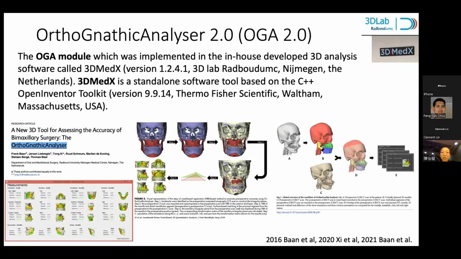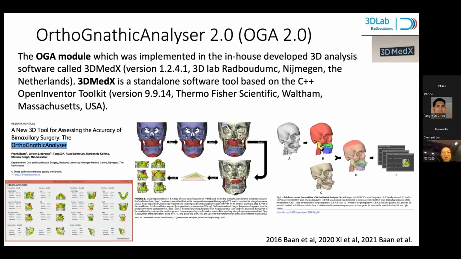It is a module which is implemented in 3D software called 3D Medics, and it is developed by the 3D Lab Radboud UMC in the Netherlands. 3D Medics is a standalone software tool based on the C++ Toolkit. And this OGA is able to assess the accuracy of maxillary surgery. It was first introduced in 2016.